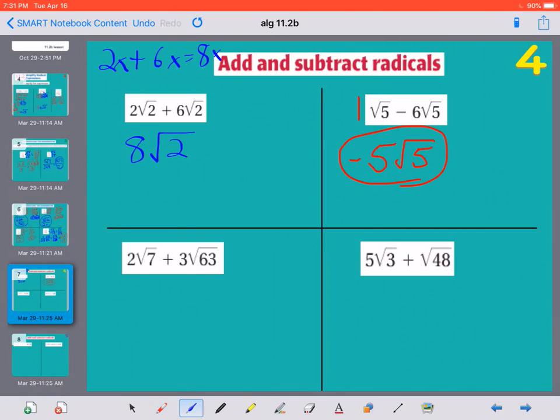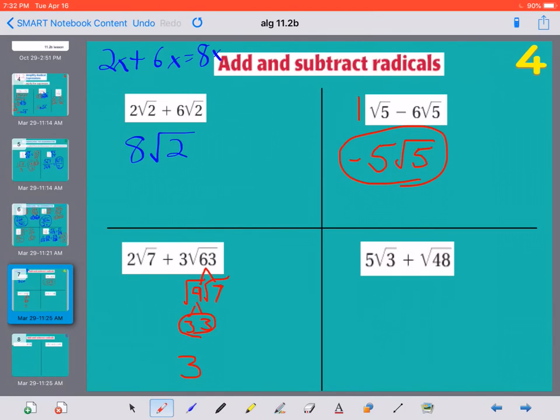Here we don't have the same radical. We have a 63. Now what I'm going to do is factor that out. So I'm going to get 9 times 7. The square root of 9 is 3 times 3. So I see a pair, so I'm going to drop that down here.